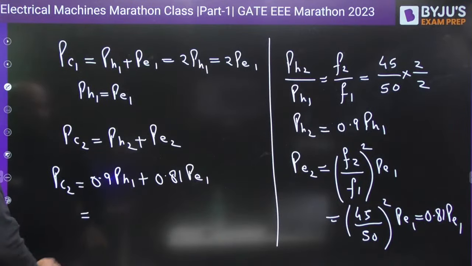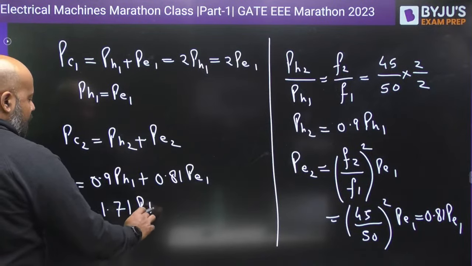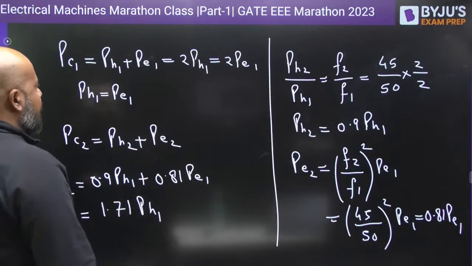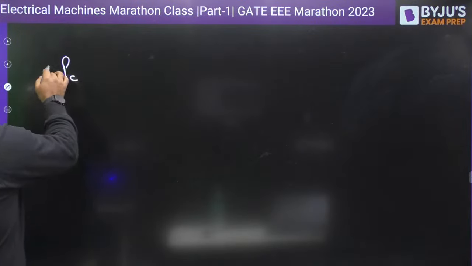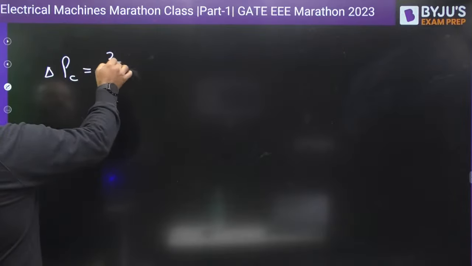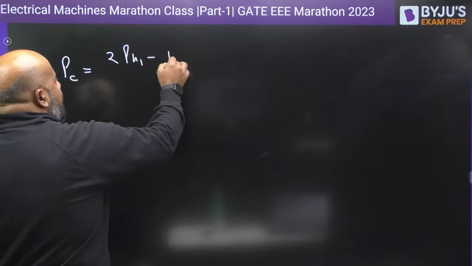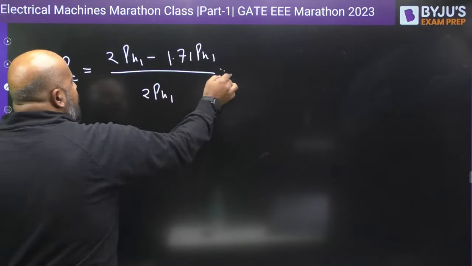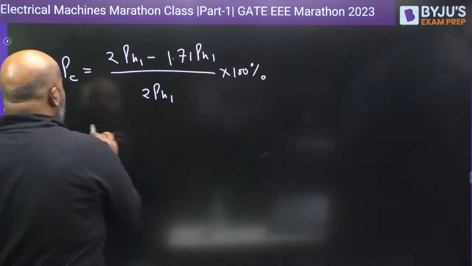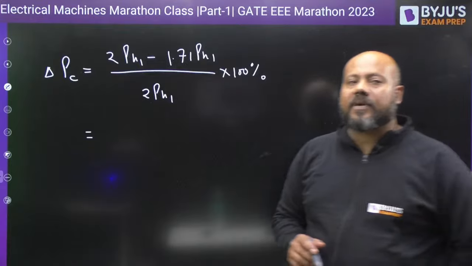If you add these two, it becomes 1.71 PH1, because PH1 and PE1 are same. So the change in the core loss is going to be 2 PH1 minus 1.71 PH1 divided by 2 PH1 multiplied by 100. If you solve this, as per my reference, it must be coming around 14.5%.